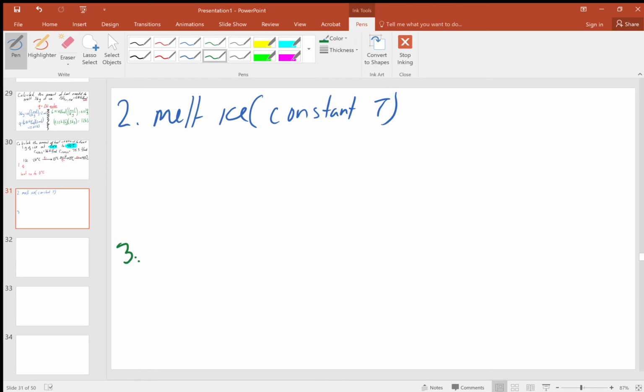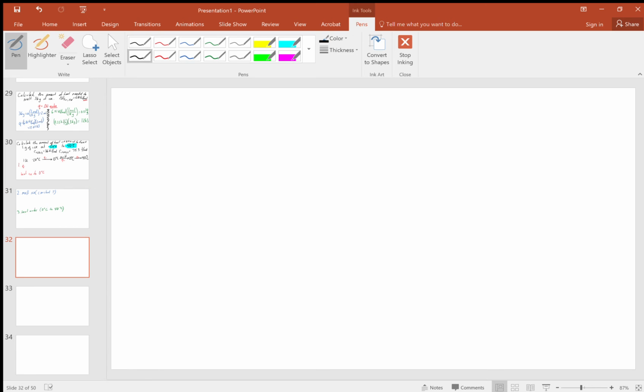After we've done that, then we heat the water, and this is going to go from 0 degrees Celsius to 40 degrees Celsius. So 3 separate calculations. None of these calculations are terribly difficult. It's just we need to remember to use the right constants and do all 3 of them. Finally, at the end, we'll calculate our total Q as the sum of each of the individual steps. Alright, so let's do each one of these.